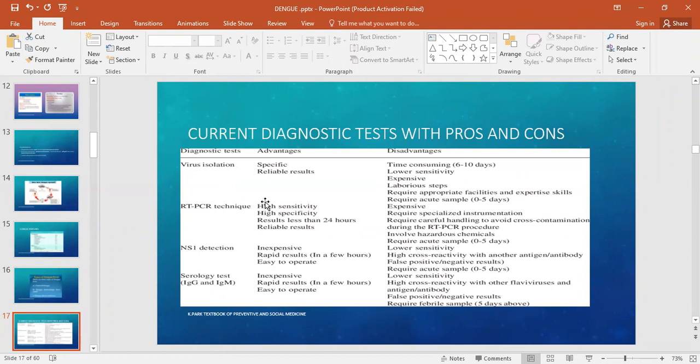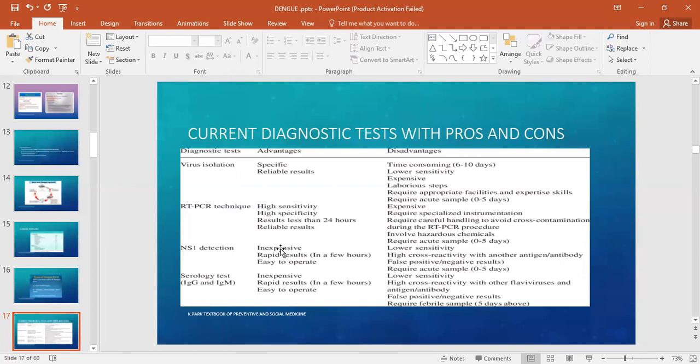The PCR technique also has high sensitivity and high specificity, with results given in less than 24 hours and reliable. But this test is expensive, requires specialized instruments, requires careful handling to avoid cross contamination, and involves hazardous chemicals, and it also requires an acute sample within 0 to 5 days.